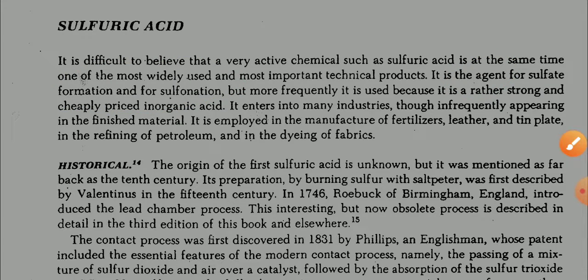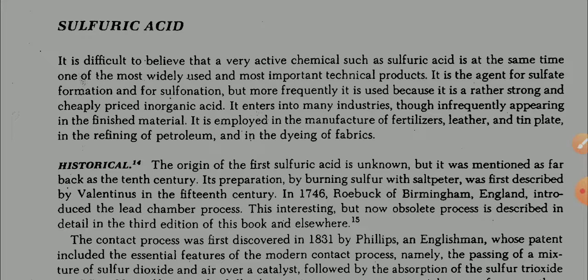But more frequently it is used because it is a rather strong and cheaply priced inorganic acid. Okay, it is the most important acid with low cost. It enters into many industries, though infrequently appearing in the finished material.